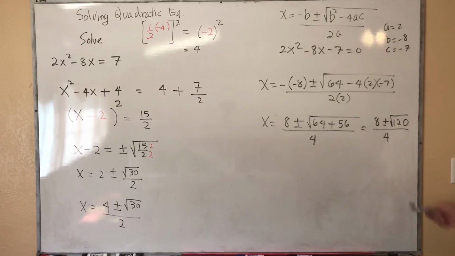Some people get here, and believe me, that's a nice number, 120. They get here and they don't know what to do. Okay? Some people are going to get to this one and they're going to say, well, now what? You have to simplify this. Okay? You see this 120? That's 4 times 30. I'm going to simplify it.